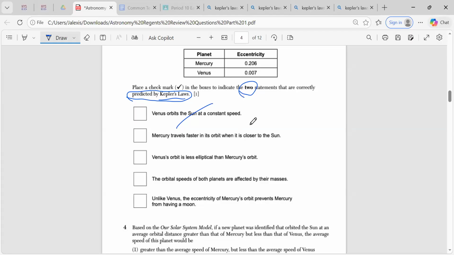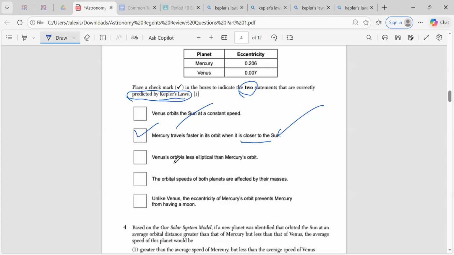It is not in one speed. Number two, Mercury travels faster in its orbit when it is closest to the sun. That is true. We just spoke about that in Kepler's second law. When it's closest to the sun, it travels faster.